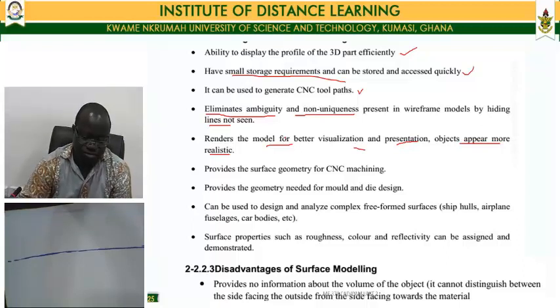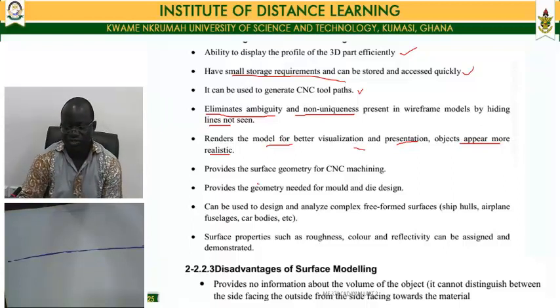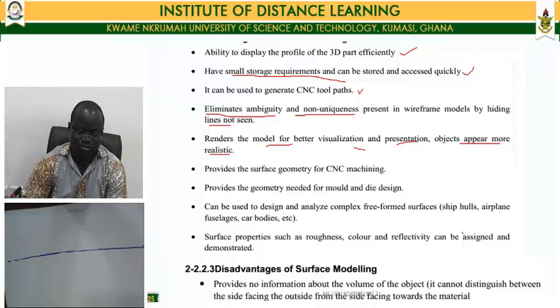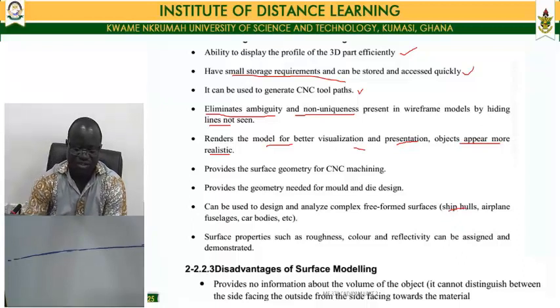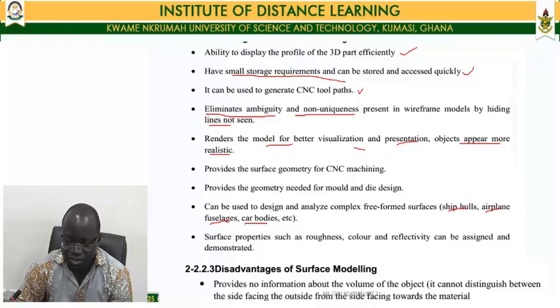Now, it can also be used to design and analyze complex preformed surfaces. For instance, if you take the hull of the ship or the airplane fuselage, you can create them using surface models, or car bodies. Surface properties such as surface roughness, color, and reflectivity can actually be assigned and demonstrated in the surface model.